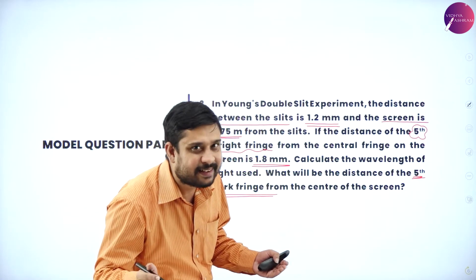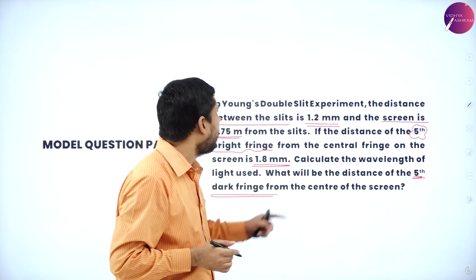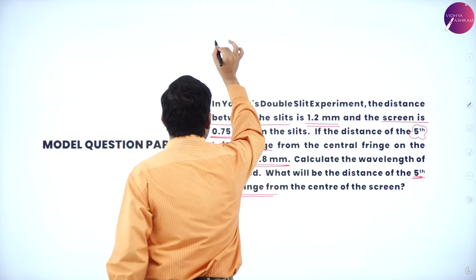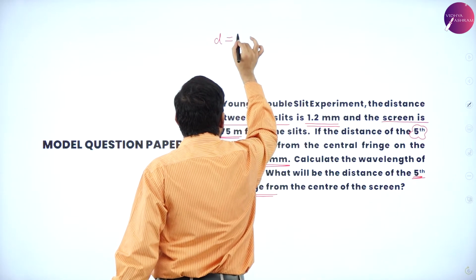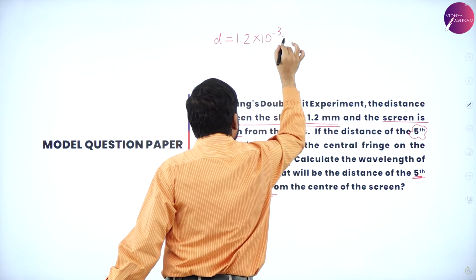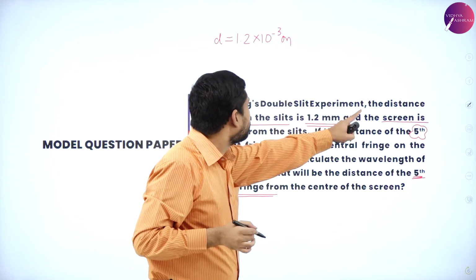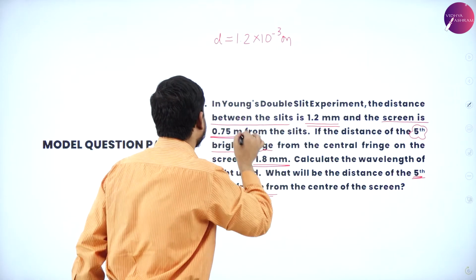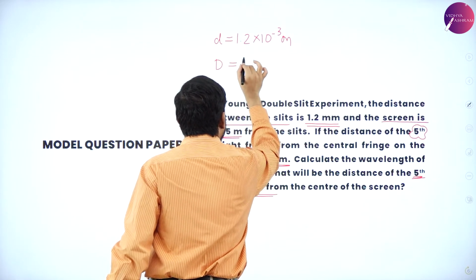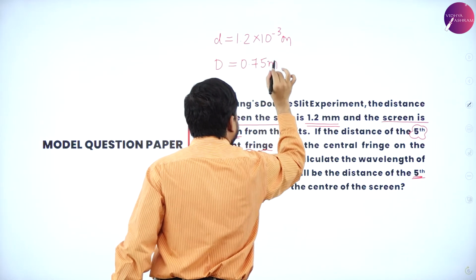We will analyze. We will pick up the data. Distance between the slits, small d, is 1.2 into 10 power minus 3 meter. Distance between the screen and the slit, capital D, is 0.75 meter.